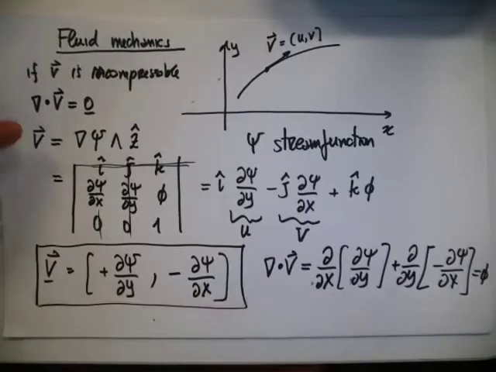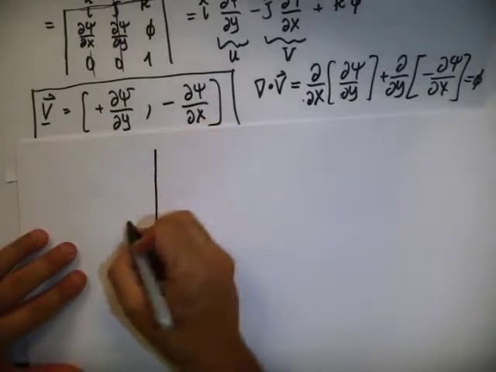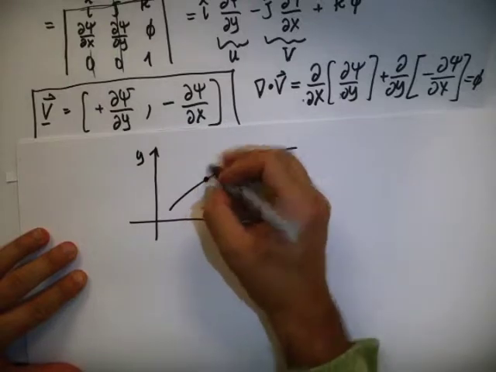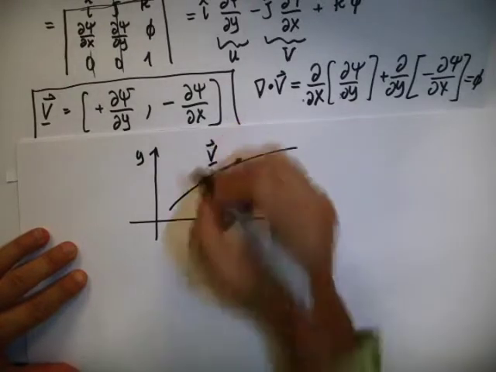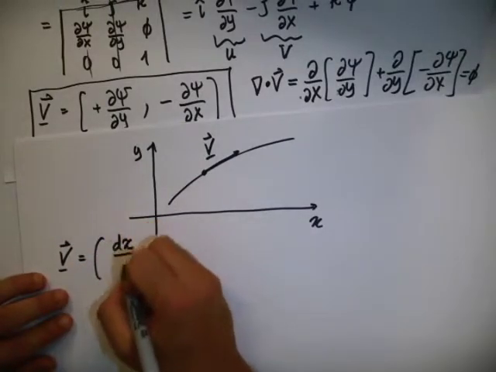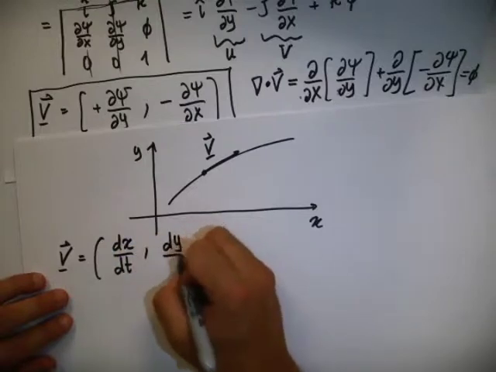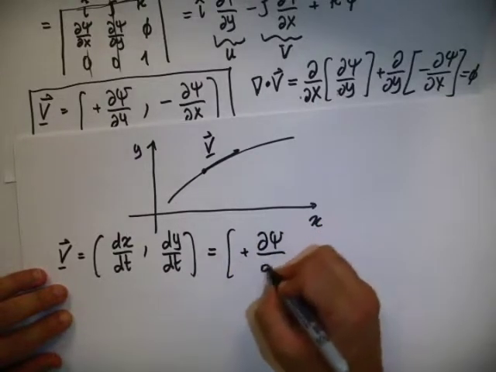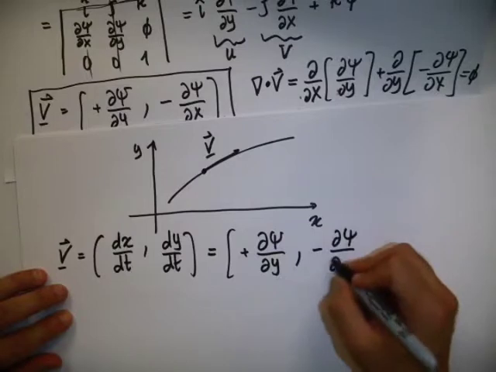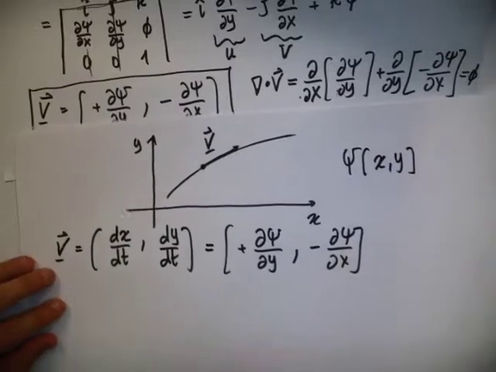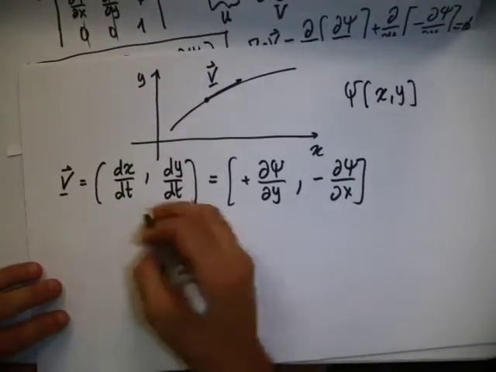Actually, we can reformulate this problem in terms of stream functions, because in the domain x and y, if this is the velocity field v, the velocity field v is also equal to the Lagrangian velocities dx/dt, dy/dt. But this is going to be equal to what? To plus dψ/dy, minus dψ/dx. And here the stream function is a function of x and y.